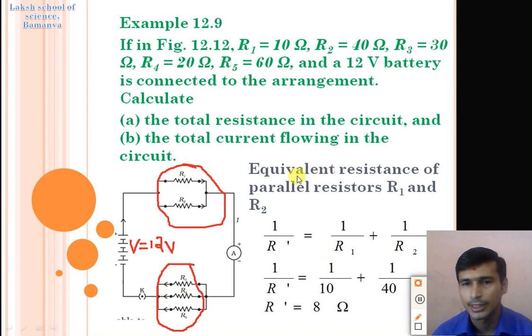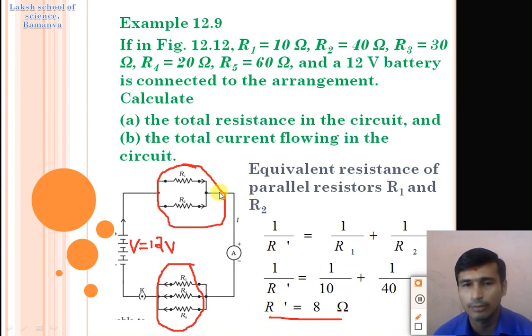First, the equivalent resistance of the parallel resistors R1 and R2. We calculate by the formula 1 upon R dash is equal to 1 upon R1 plus 1 upon R2. So 1 upon R dash is 1 upon 10, the value of R1, plus 1 upon 40, the value of R2. Taking the LCM, 40, we get 4 plus 1, 5, divided by 40, then we get R dash is equal to 8 ohm.